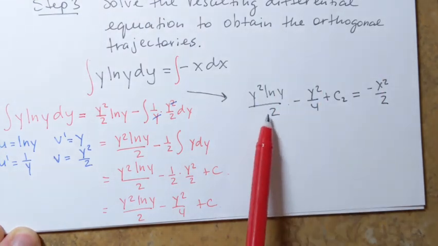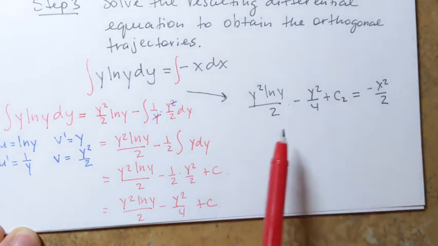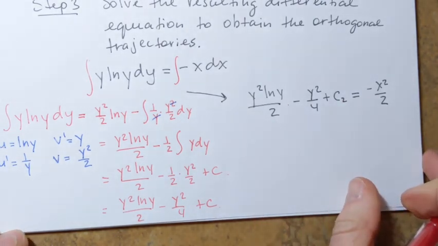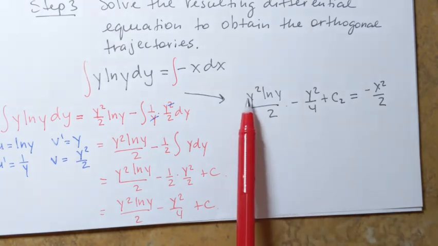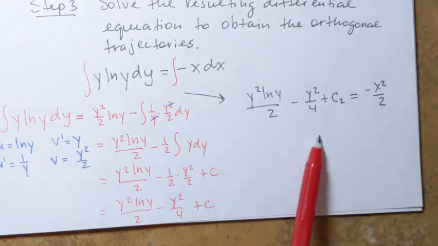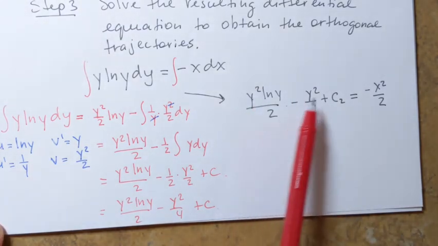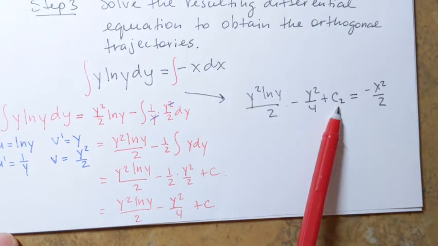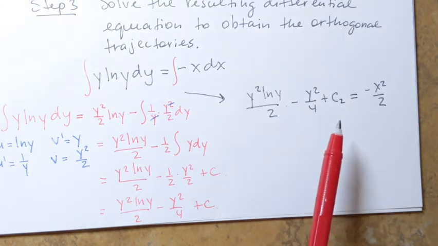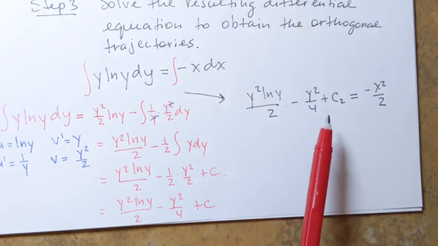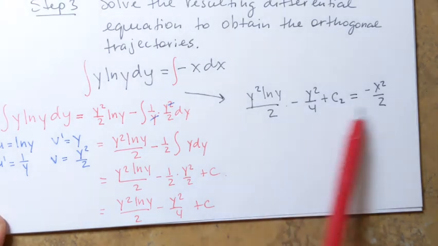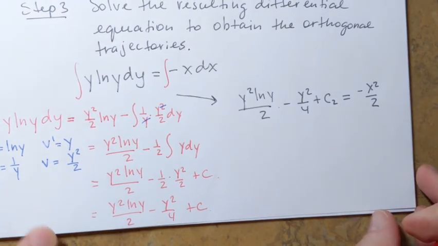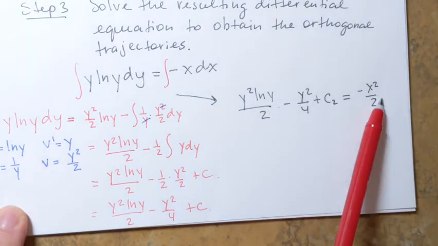I'm going to leave it like that. Remember how we can play with constants here. I was going to say I'm going to multiply everything by 4. Again, I'll have to rename C2. That's fine, let's do it. I don't like how we have so many denominators here, and they're constant. So let's multiply everything by 4.